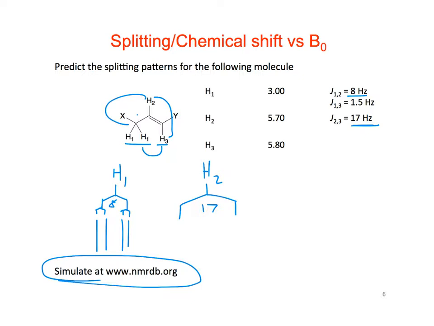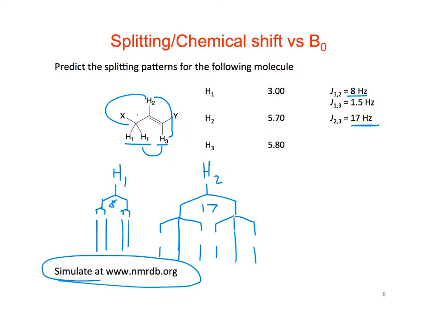And so half of 17 is almost going to go to the middle, like this, right? Because 8 plus 8 is 16, and it's 17 in the big gap. So this would be a 1 to 2 to 1, 1 to 2 to 1.